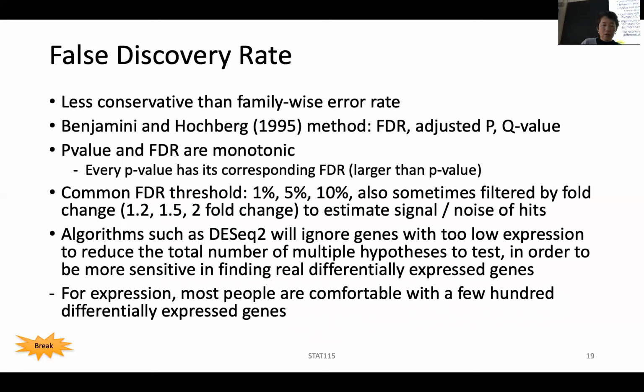So I would say the best thing statisticians have done to teach biologists is about multiple hypothesis testing. With high throughput sequencing, I would say before there was any high throughput experiment, people didn't really care as much about statistics. Biologists just feel like, oh, if I see anything different, I'll report it.